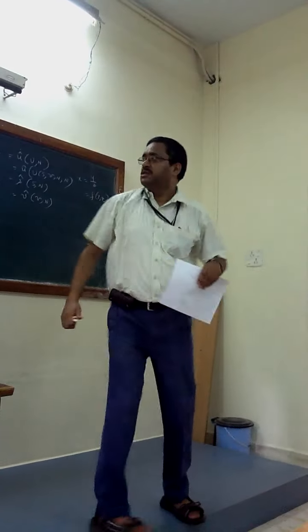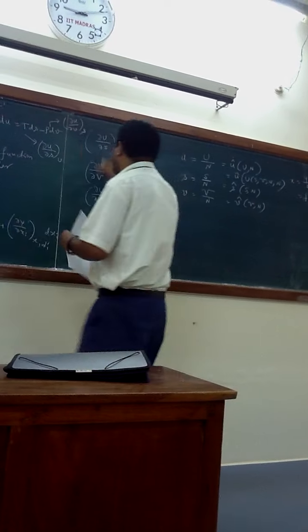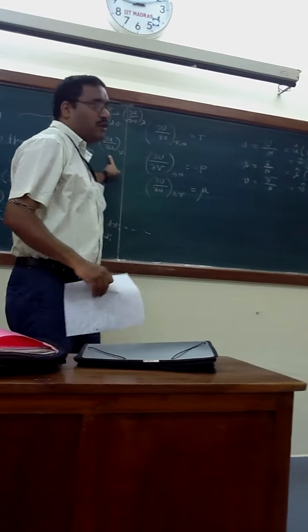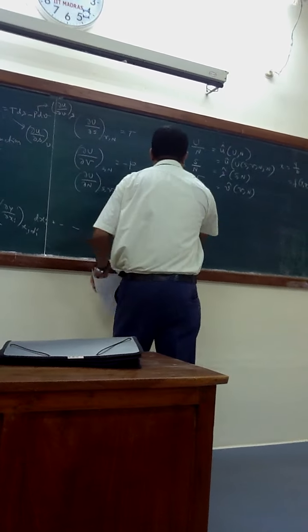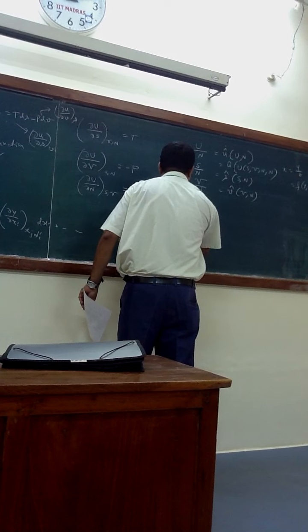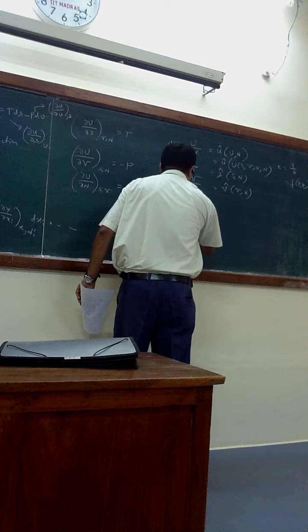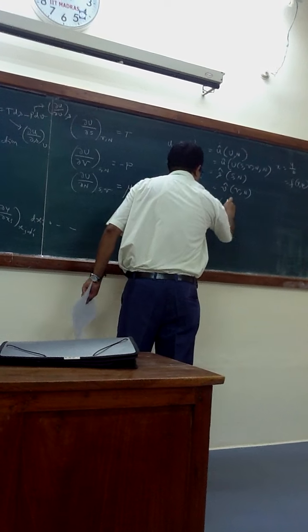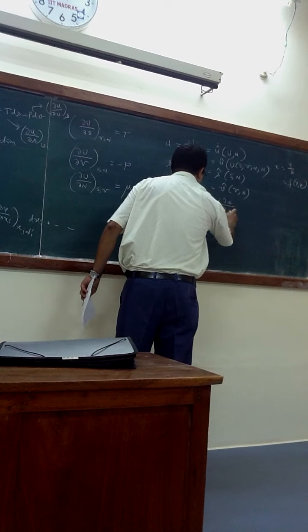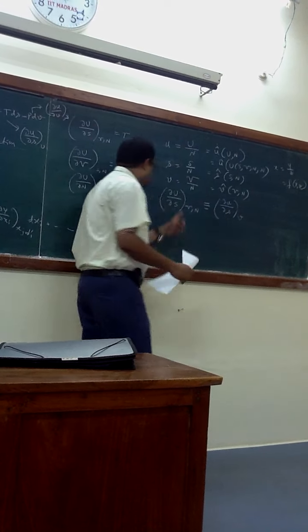Having said that, you have to prove dou u by dou s at fixed V and N equals to dou u hat by dou s hat at fixed small v. That means what?